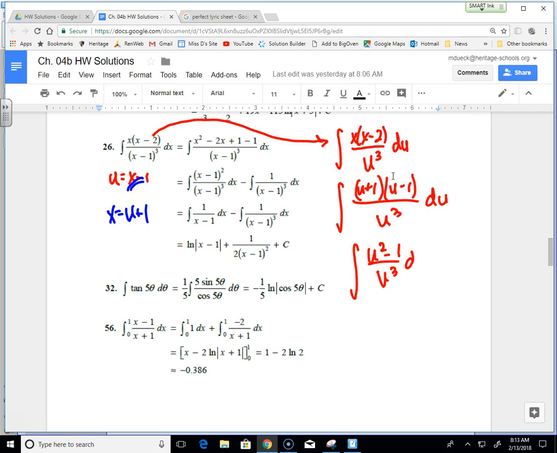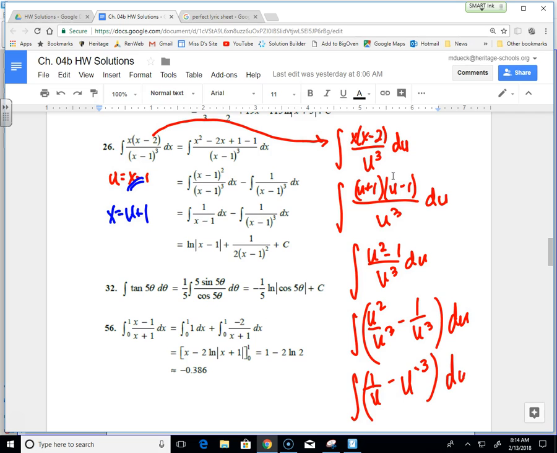Why is it still so much more possible than it was at the very beginning? Hard method. We can split up. Remember, whenever we have a numerator with an addition or subtraction, we can split up, keeping the denominator. So we'd end up with u squared over u cubed minus 1 over u cubed. This would be the integral of 1 over u minus u to the negative 3.